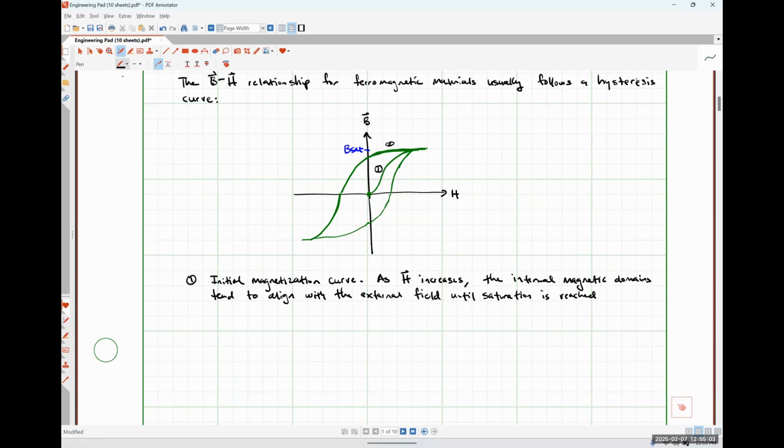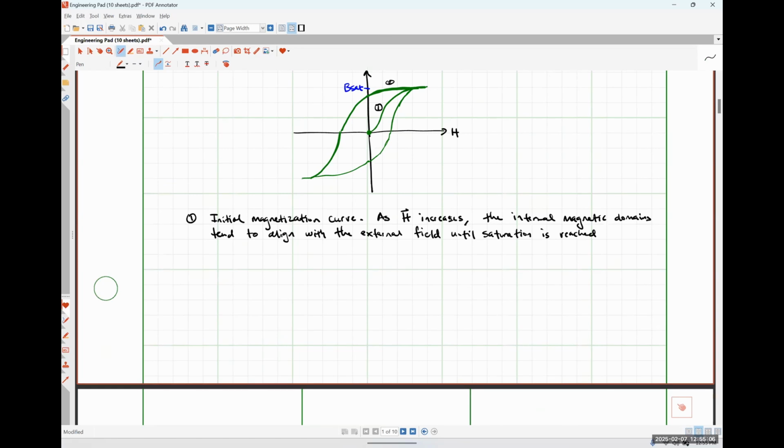Okay. So section 2 of this curve is the remnant magnetization curve, where the material is behaving like a permanent magnet.